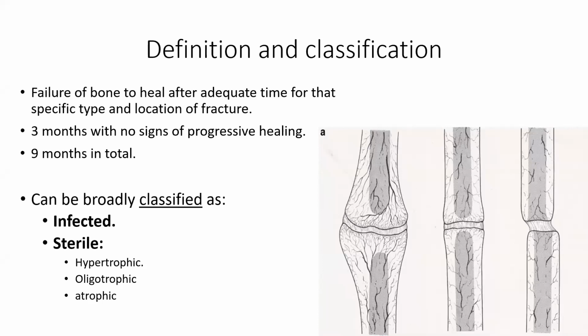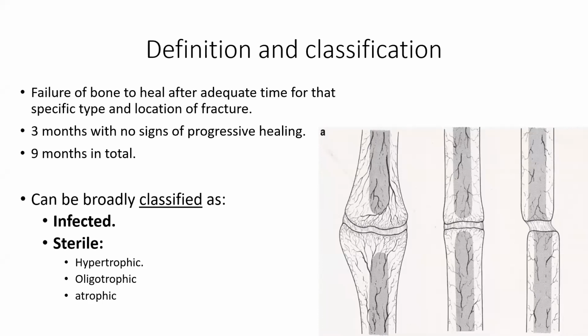However, in reality, it's failure of bone to heal after adequate time for that specific type and location of fracture. Each fracture in the body has a specific personality for healing, and whenever that is disrupted or delayed or not progressing as it should, then non-union happens. So that's mainly the definition.